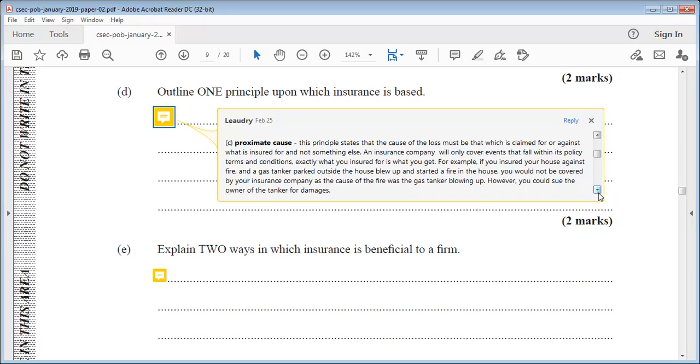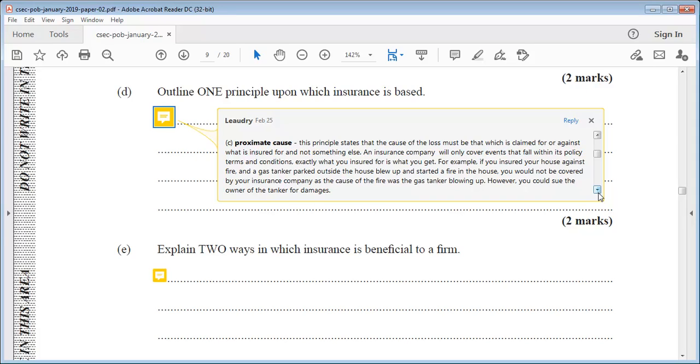For example, if you insured your house against fire and a gas tanker parked outside your house blew up and the fire started from that and then went into the house, your insurance company would not compensate you. Why? Because the fire was started by the gas tanker.